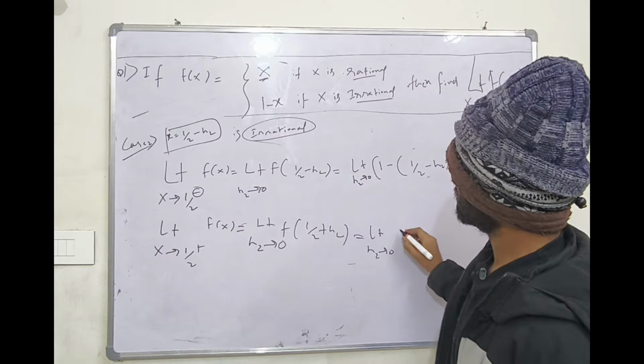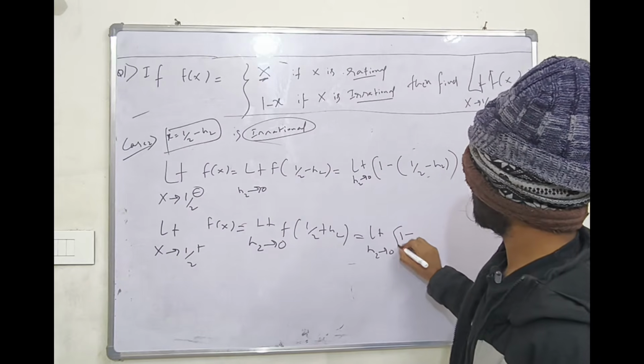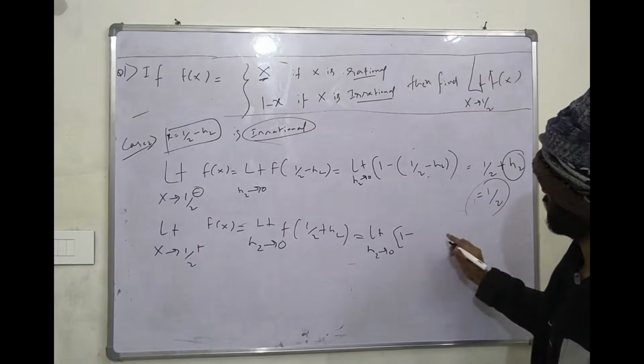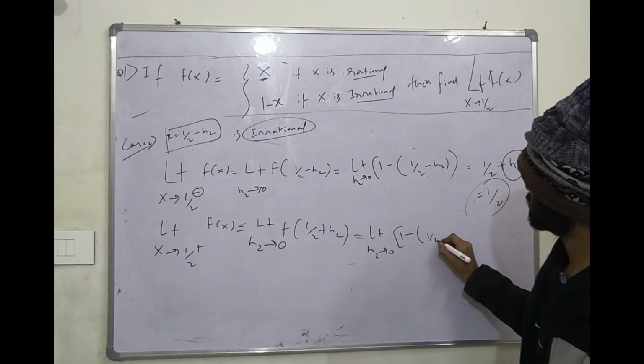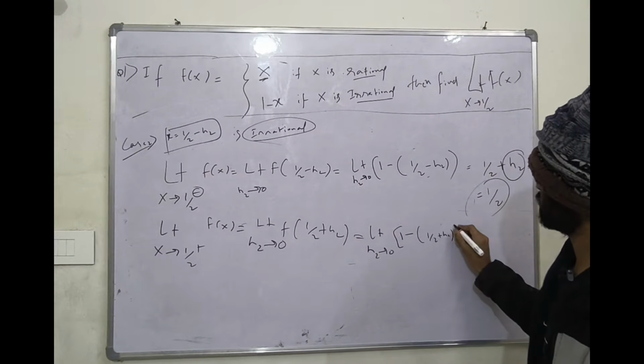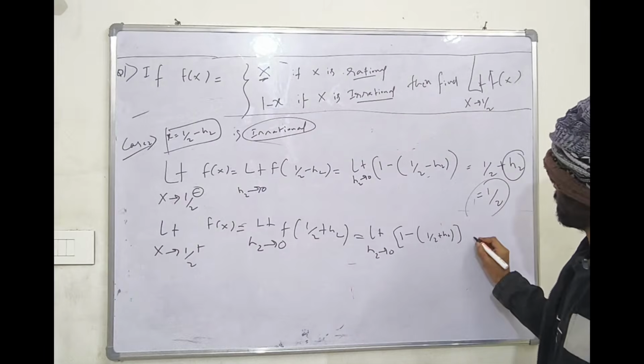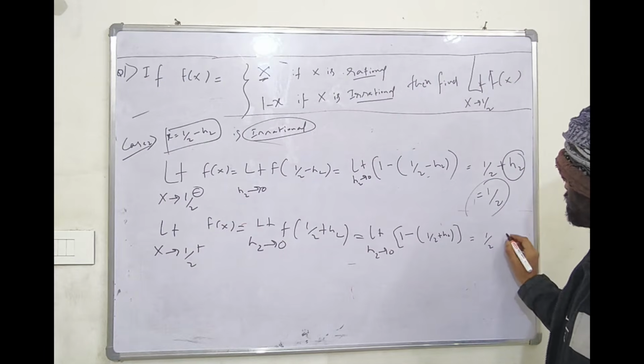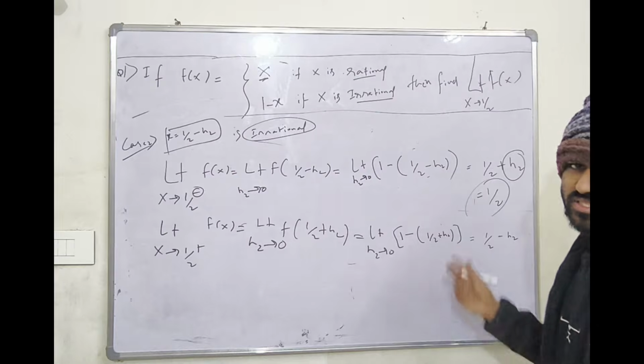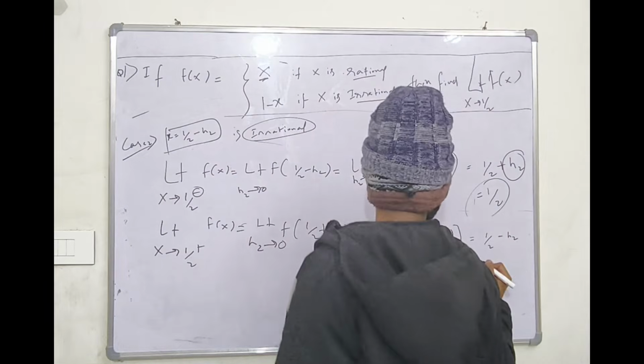Okay, so it is 1 minus 1 by 2 plus h2, good, well done. So this is 1 by 2 plus 1 by 2 minus h2. Since h2 tends to 0, it is again 1 by 2.